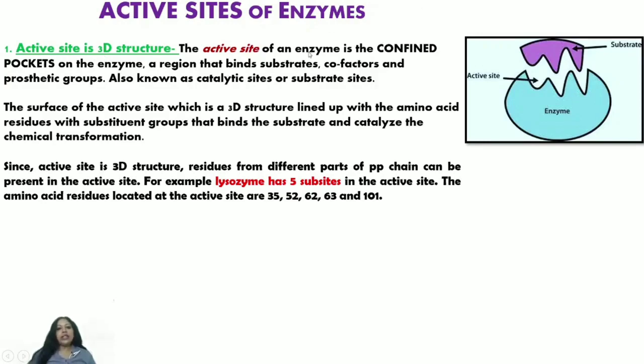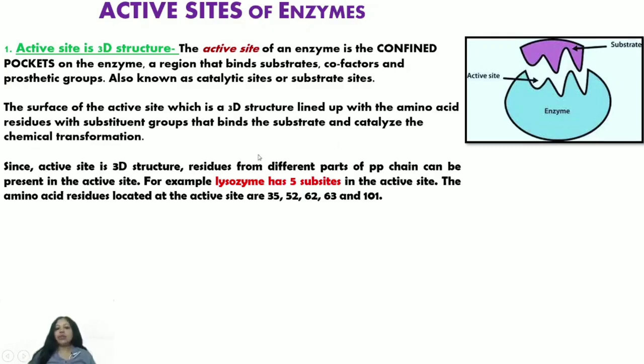It is defined as a confined pocket on the enzyme, a region that binds to substrate, cofactors and sometimes prosthetic groups. The surface of the active site is lined with amino acid residues with substituent groups that bind the substrate and catalyze the chemical transformation.